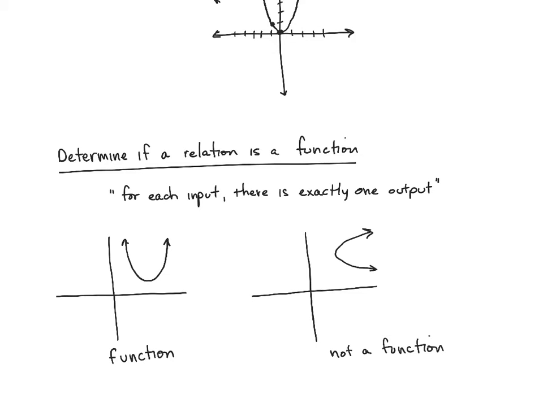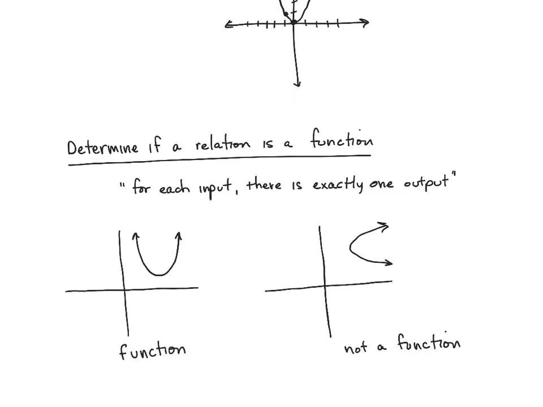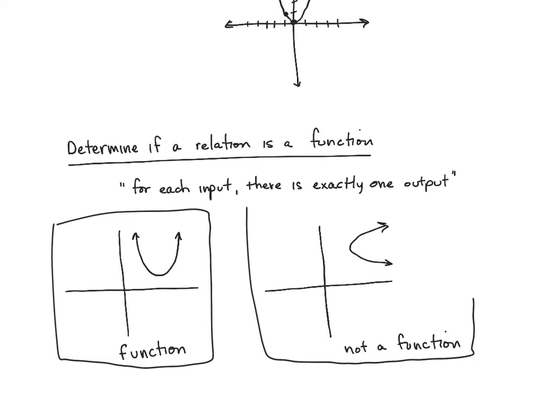So I've drawn two different graphs here. These are both relations. This one, however, is a function. This graph is a relation that is not a function, and the reason is, this one on the right is not a function, is it doesn't follow this rule of for every input there's exactly one output. What I mean by that is, let's take this input right here.